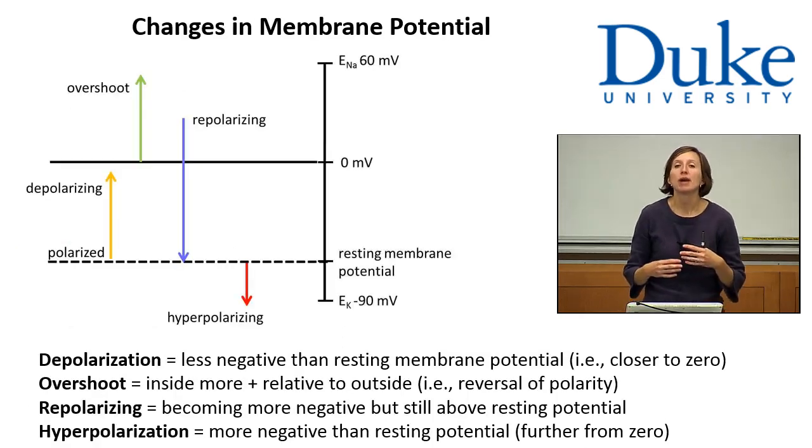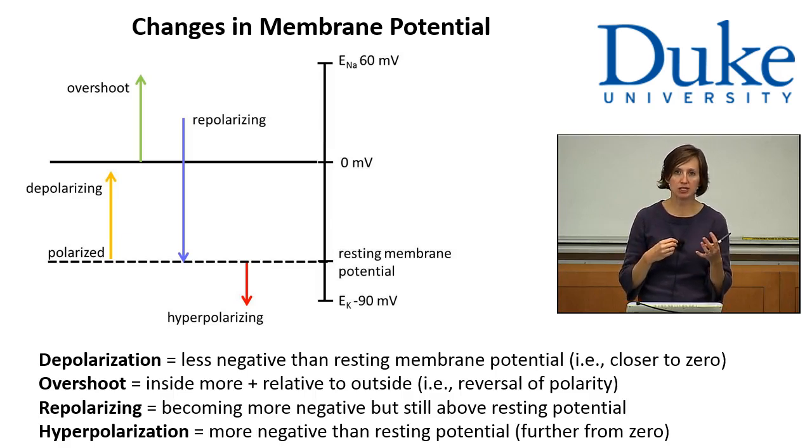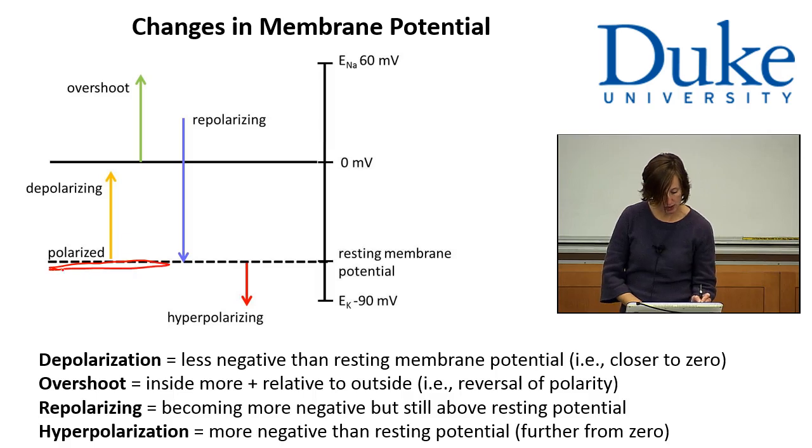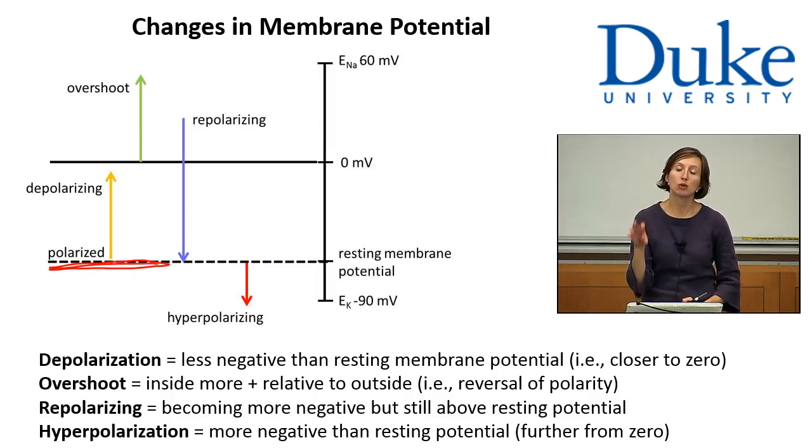When we talk about membrane potential changing, we have certain terms that we use, and I'll be using them a lot, so this figure is to help you with that. When we're at resting membrane potential, we say that the cell is polarized because there's a difference in charge across the membrane, and it happens to be more negative.